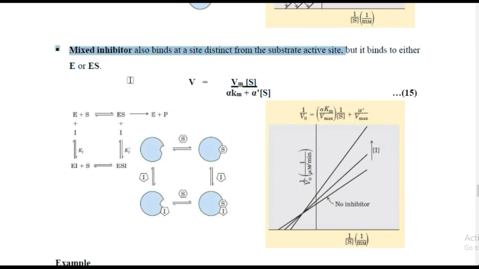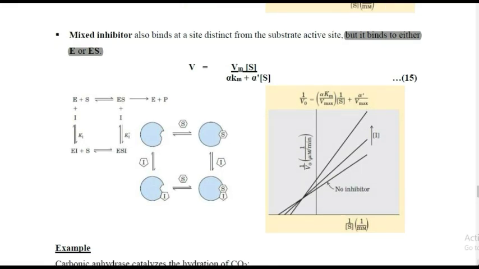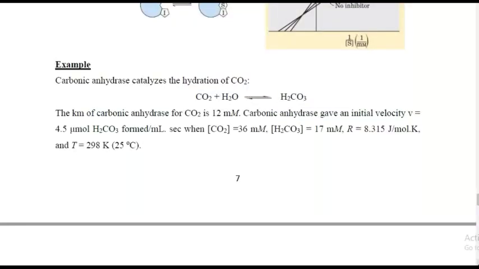So even if enzyme-substrate is formed, the inhibitor still goes and binds to it, and in some cases it binds to just the enzyme. So this time around you have to put the alpha beside your Km and beside your enzyme-substrate in the Michaelis-Menten equation. So that's all about inhibitors.